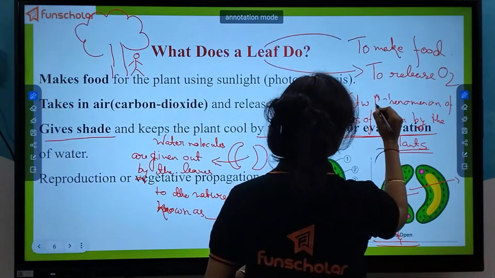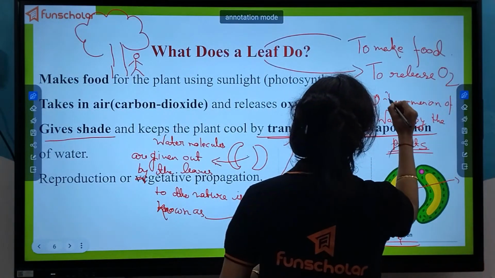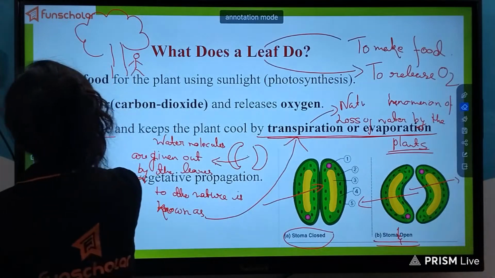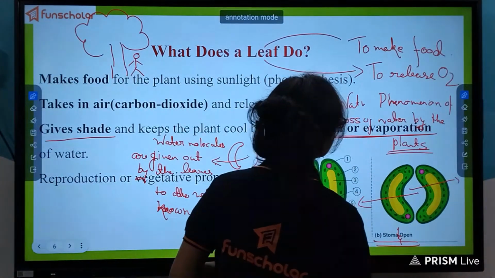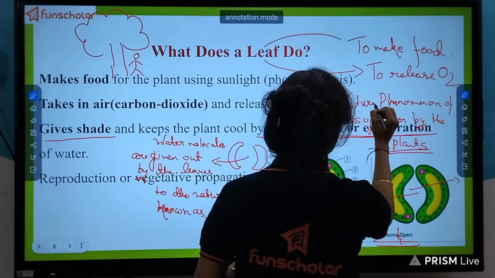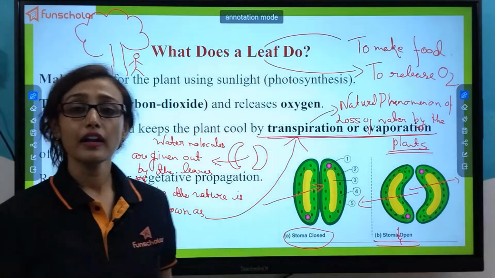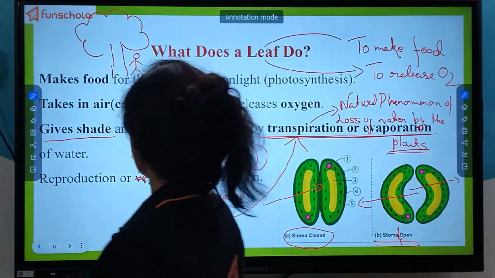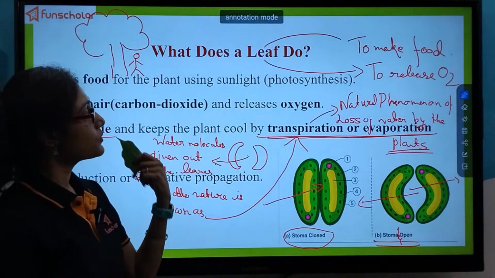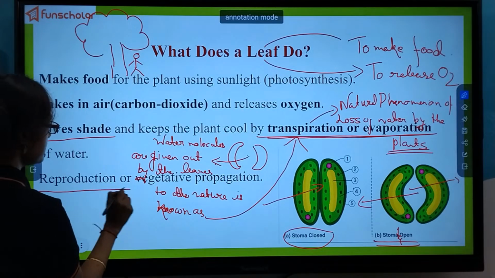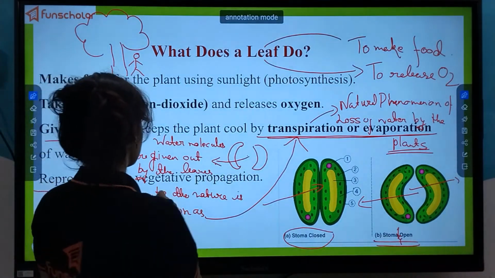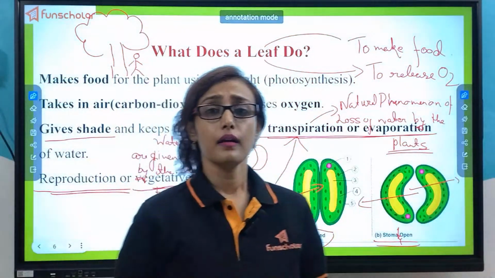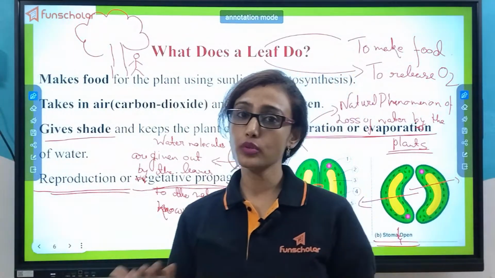It is a natural phenomenon of what? Loss of water by the green plants. Okay. Now, another last thing, what does the leaf do? It helps in reproduction, or another name is vegetative propagation. How reproduction, ma'am? We knew that only seeds could reproduce.